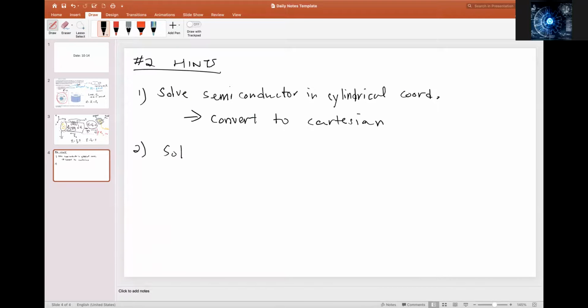And then solve the line current using Cartesian. And the RSP, this one should be somewhat self-explanatory. So it's in the X and Y.